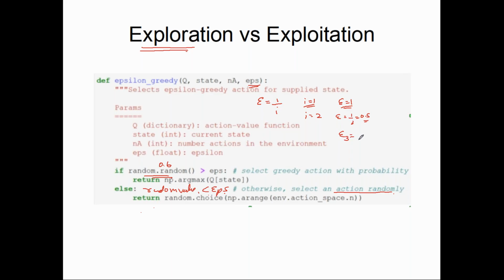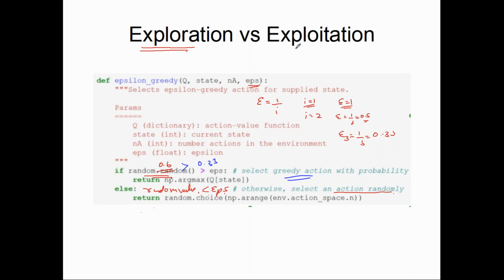epsilon for I equal to 3 is 1 by 3 or 0.33. Now in this case, this random value is greater than our 0.33. In that case, the agent is more experienced and is able to take greedy action.